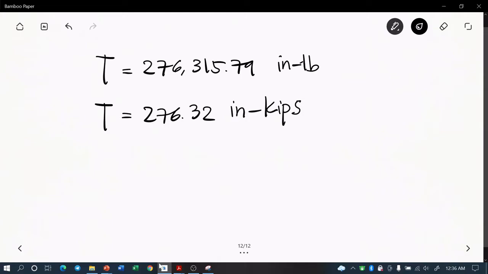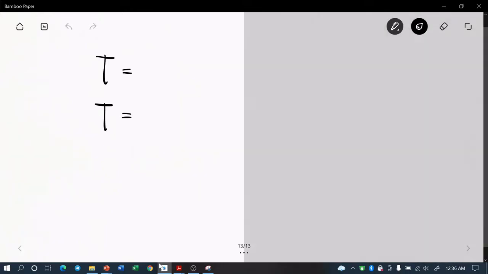The expression for the diameter can now be solved, because we have solved the torque and previously the design stress. So we just plug in those values.